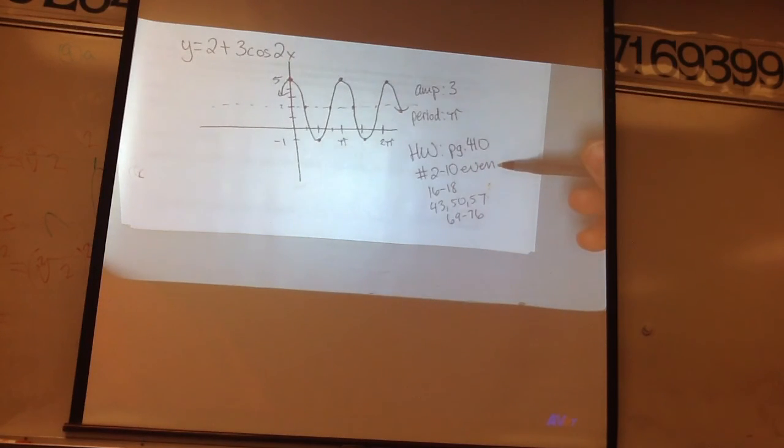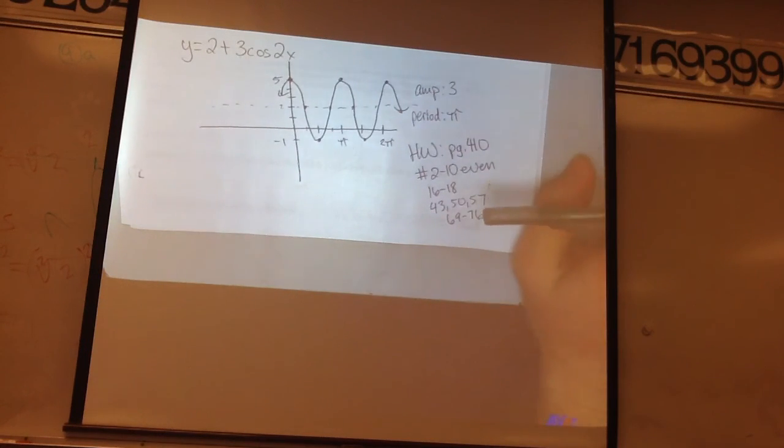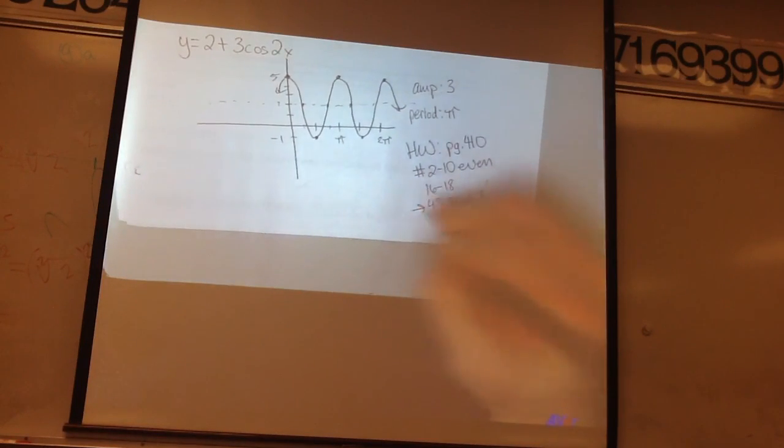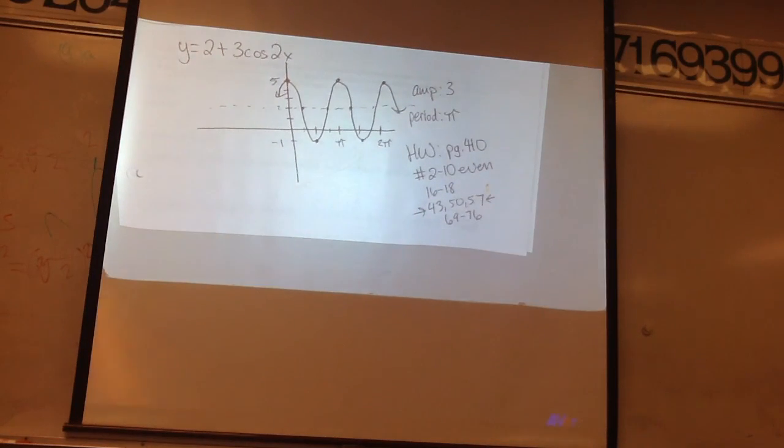That should take like 4 minutes. And 16 through 18, you just describe what happens. Does it get shifted? Does it get stretched out? Period, shorter. The only ones you actually have to graph are these 3. That's not so bad, is it?